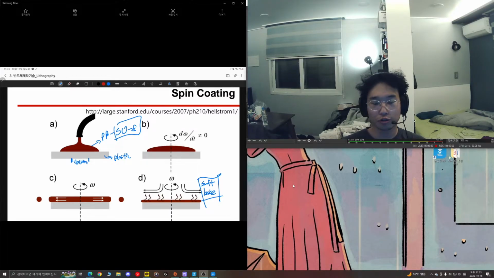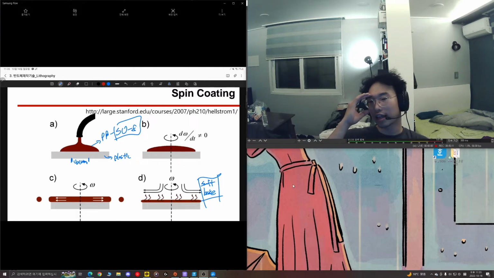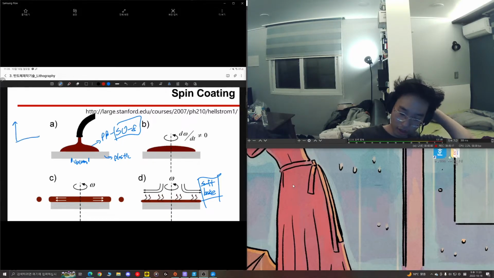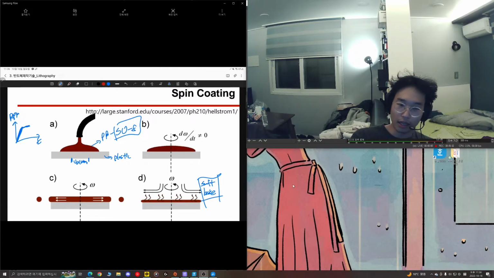Then you have to choose which RPM you're going to use and how long you're going to spin coat. This is the RPM: first you vacuum, then the RPM gets higher and higher, and then it stops.